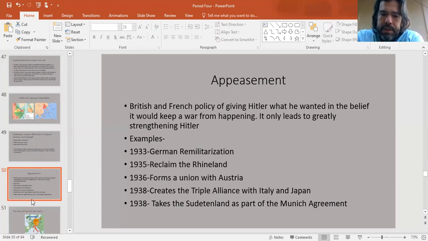Appeasement is the British and French policy of giving Hitler whatever he wanted, basically, in the belief that by giving him the things he asked for, it would keep a major war from happening.